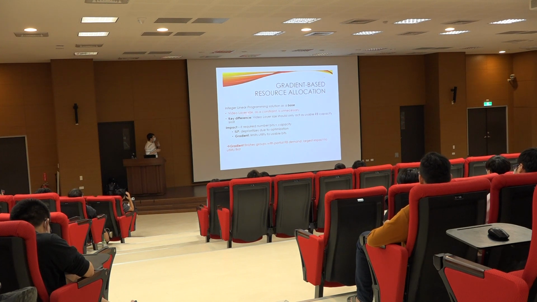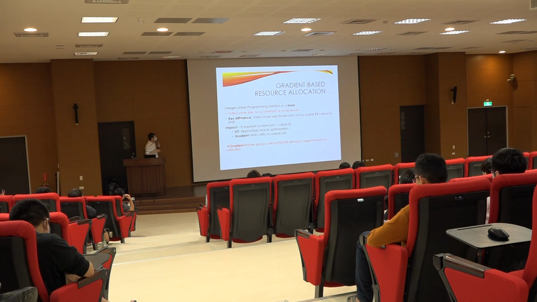So the video layer size as a constraint is unnecessary. In fact, if you think about integer linear programming, the way it works is a constraint only has meaning when it limits your solution space. So if you're allocating resources and you haven't hit a constraint yet, it doesn't impact your solution.